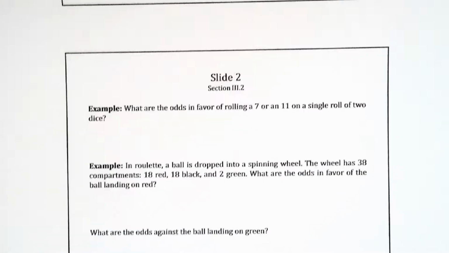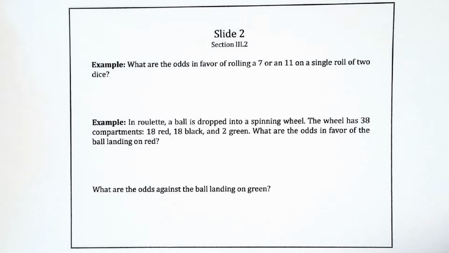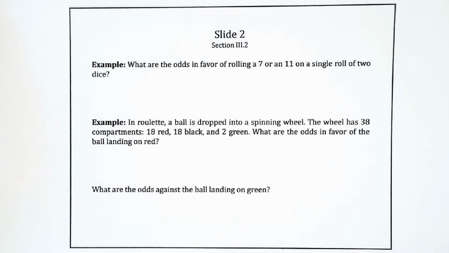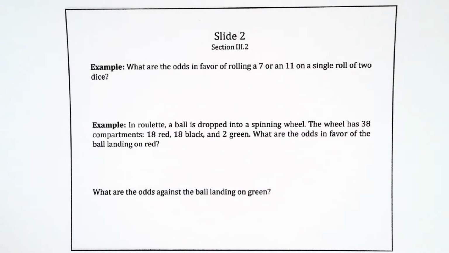For example, what are the odds in favor of rolling a 7 or an 11 on a single roll of 2 dice? Well, there are 6 ways to roll a 7, and there are 8 ways to roll an 11.